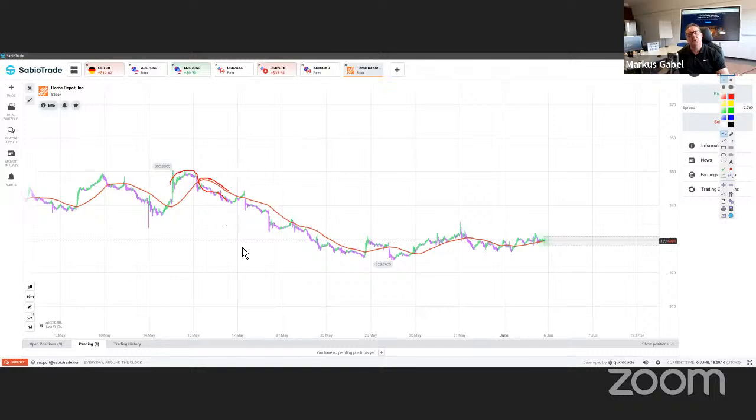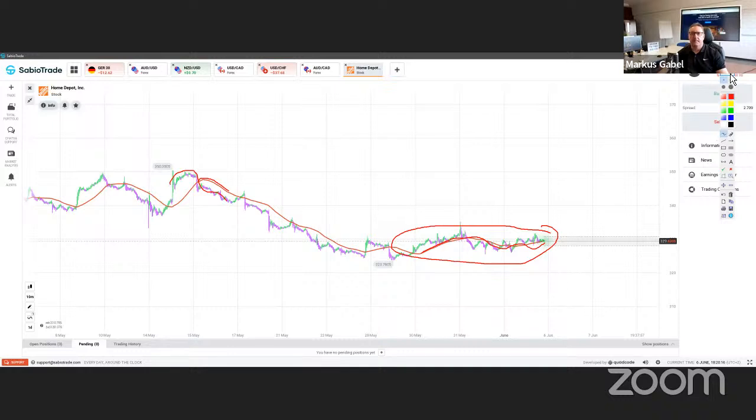Because the price turns around before the indicator is turning also. So now, for example, you are here in this phase, and the moving average is also going up and down and up and down and up and down. So you see, there is absolutely no benefit. Yeah, there is no advantage in using just simply an indicator.